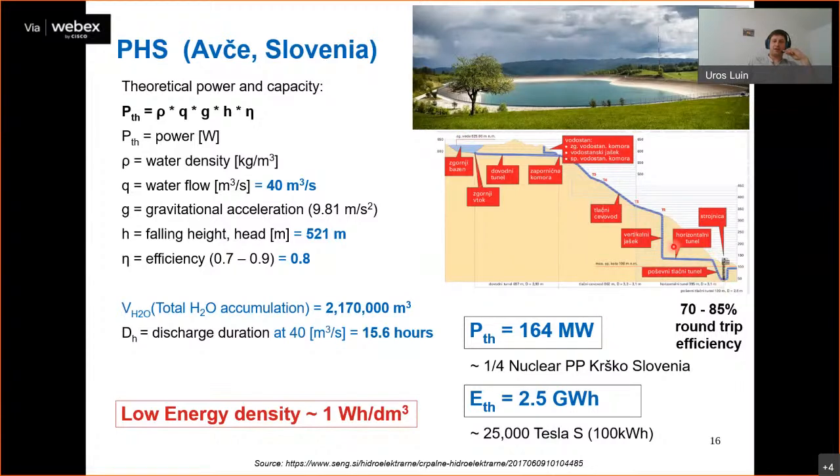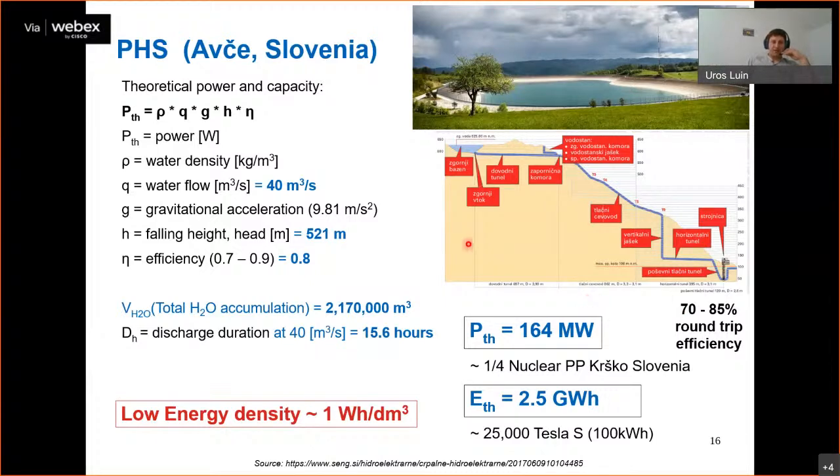This generator works when you have excess energy, like a sink of energy. So it uses excess energy from the grid to pump water uphill and to fill up the lake. And then when the grid requires energy, where there is the demand, you just release that water and you generate electricity that you deliver to the grid, and you stabilize the grid in such a way.